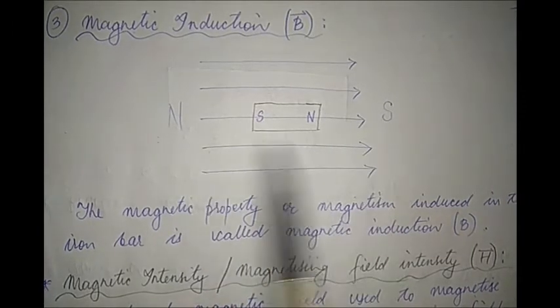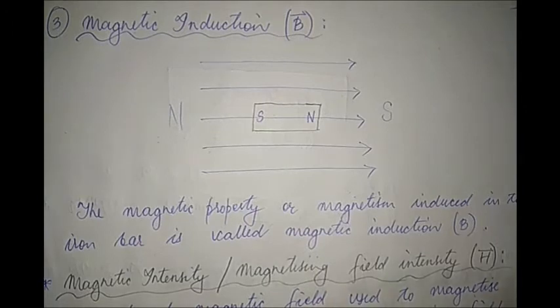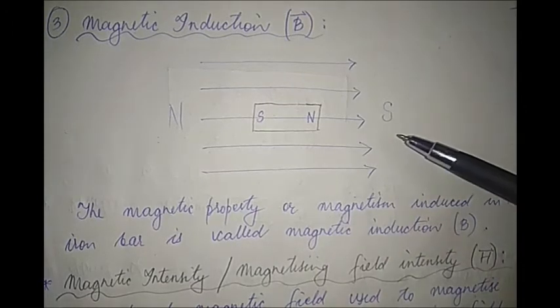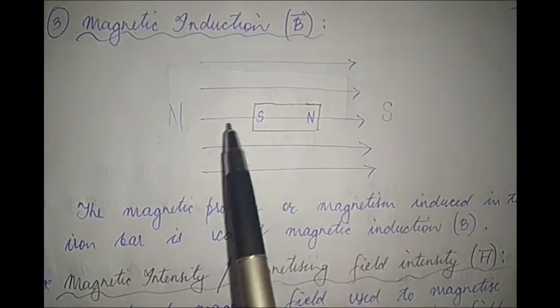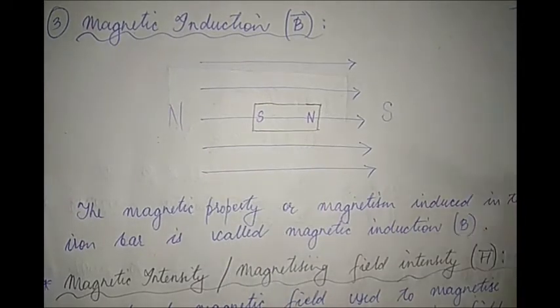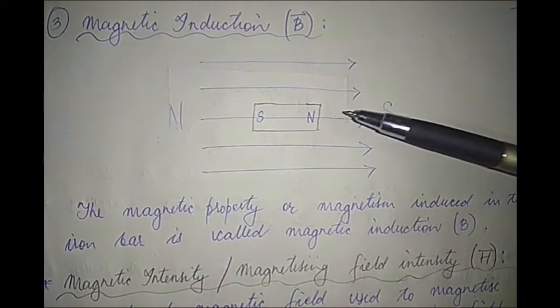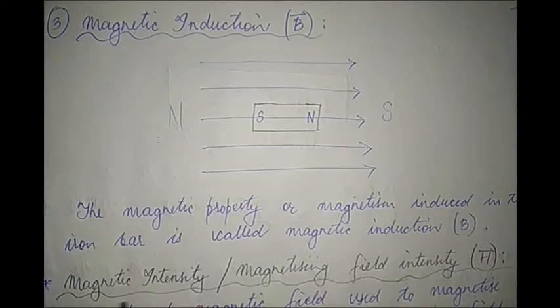And this external magnetic field, or rather the external magnetizing field in which we are placing this iron bar, which is used to magnetize this iron bar, is called the magnetic intensity, or more precisely, the magnetizing field intensity, denoted by a capital H.